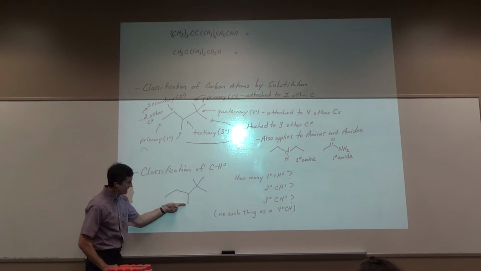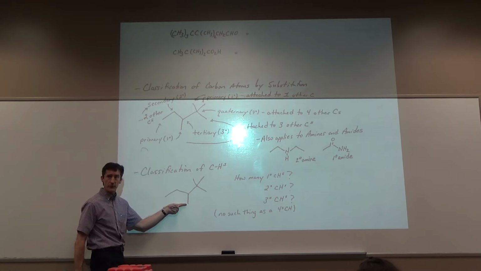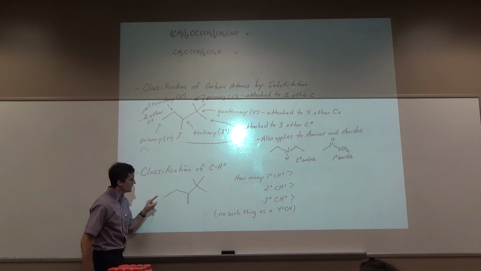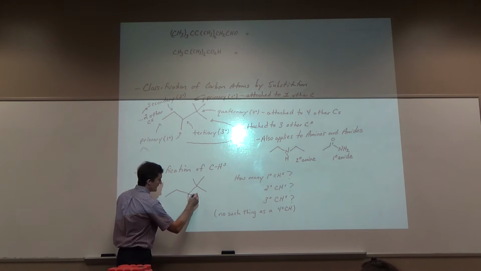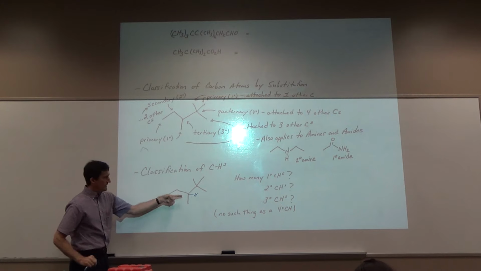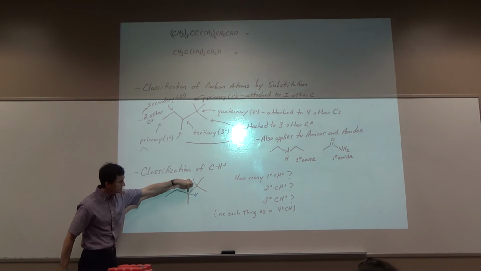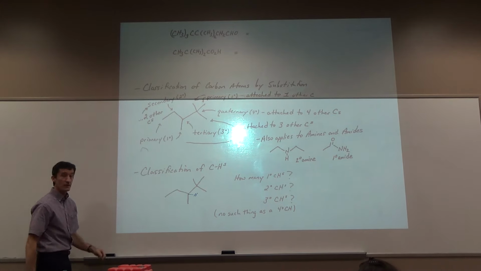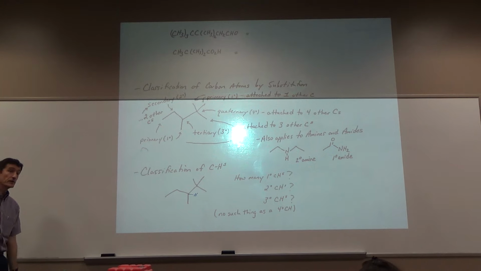For example, the 3 H's on this carbon could be called primary CH's because the carbon is primary. And the H on that carbon right there, what would that be? That's a tertiary CH because it's on a tertiary carbon.